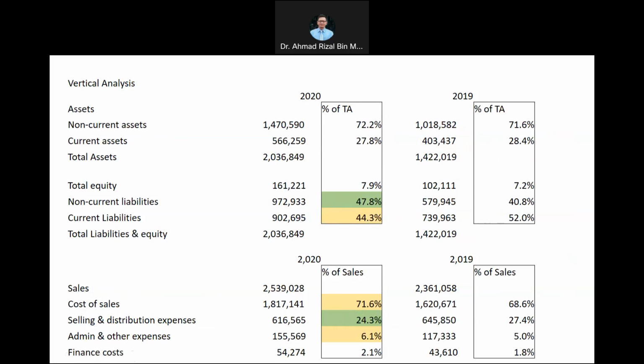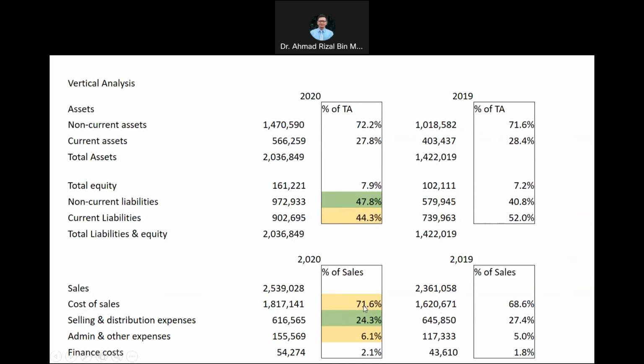And that is one of the reasons that explains the decline in net profit earlier. So although it looks small, 3 percentage points, from the standpoint of a company which has sales or revenue of 2.3 to 2.5 billion ringgit, this is huge, right?